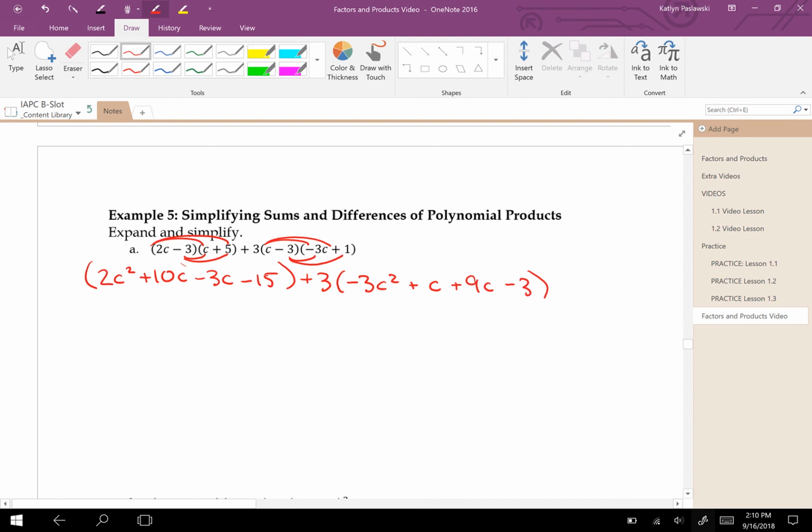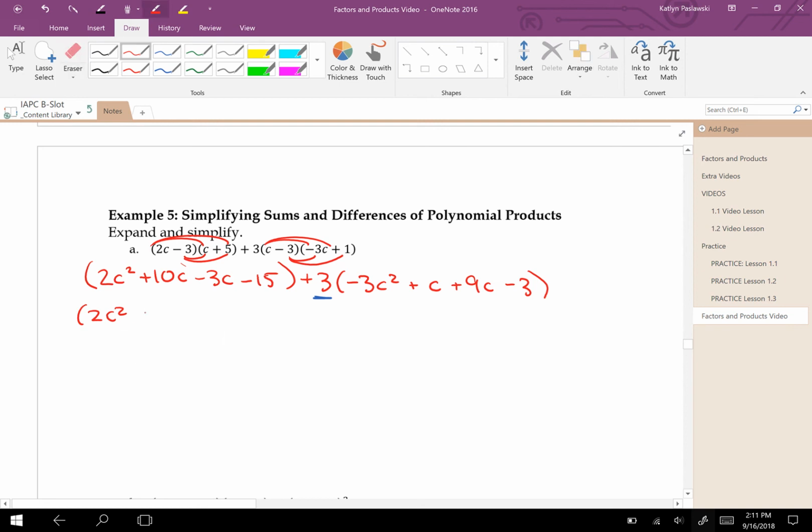Now we have to get rid of and factor through this, multiply the 3 through the brackets. So here the first set would stay the same because there's nothing to multiply through. So we have 2c squared plus 10c minus 3c minus 15. And what I recognize is that I can combine these c's together.